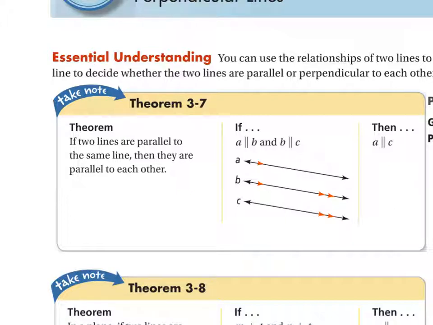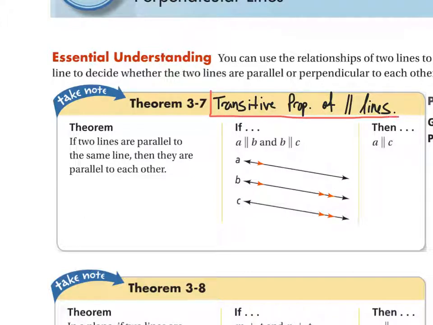This is the transitive property of parallel lines. Okay? I will always refer to this as the transitive property of parallel lines.